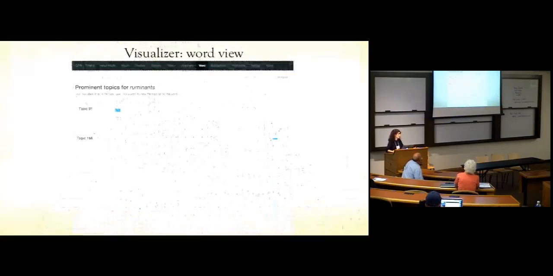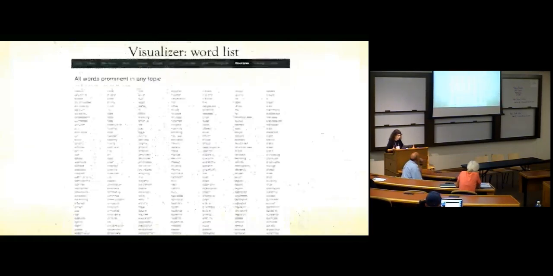A couple of other things that we find useful, I was talking earlier about stemming and lemmatization and normalization. We have a word list view that enables us to fairly quickly take a look, and we usually just do this by scanning and see whether we were really interested in going through some kind of stemming or lemmatization process.